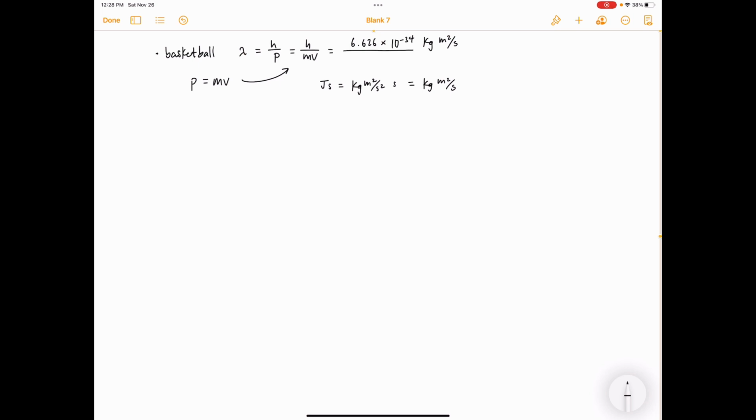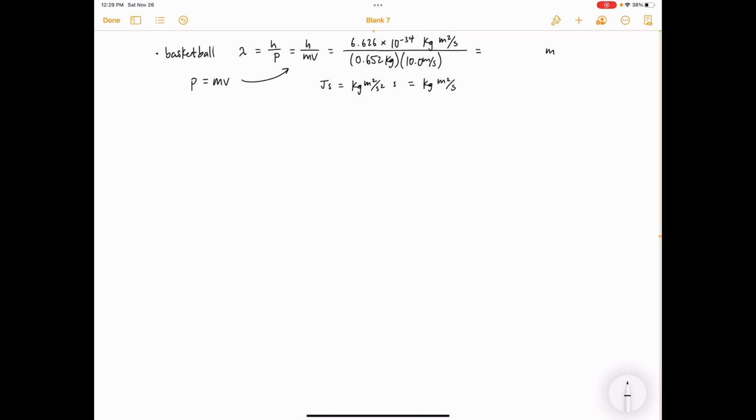Okay, and then we have the mass, which is 652 grams. If we put that in kilograms, that's 0.652 kilograms. And then v is the speed. That's going to be 10 meters per second. Now, notice how the units almost completely cancel, but the only thing we're left with is a unit of meters on the top.